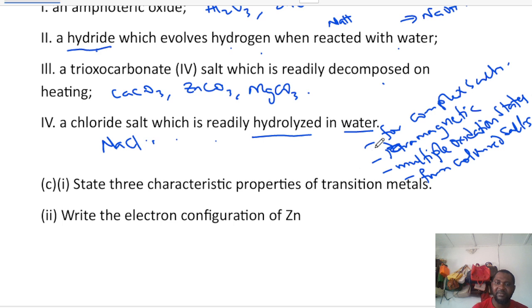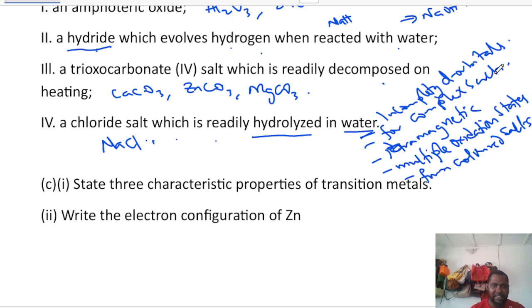Of course, they have incomplete d orbitals. That's another one that differentiates them. For now, these are the ones that come to mind. If I remember any other, I will let you know.